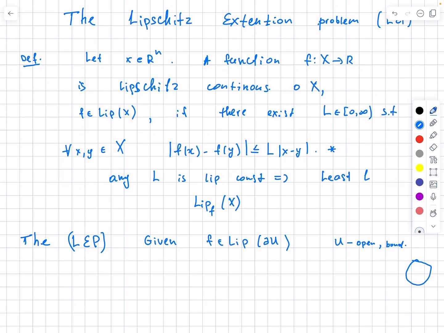The Lipschitz extension problem is: we have to find a function u, which is Lipschitz in the domain U bar, it means the whole domain, such that u is equal to f on the boundary of U, and the minimal Lipschitz constant of u on the whole domain is equal to Lipschitz f on the boundary.